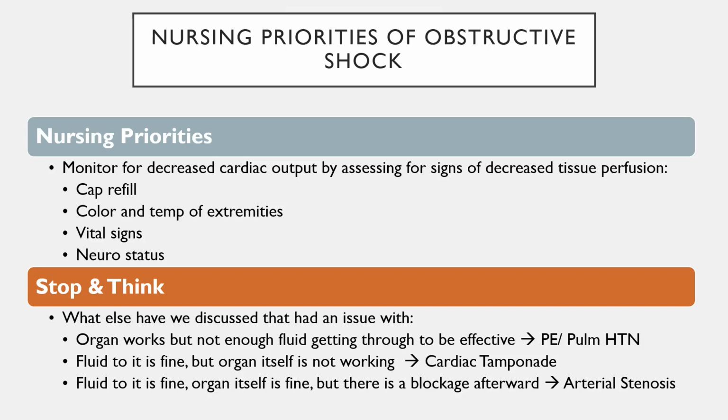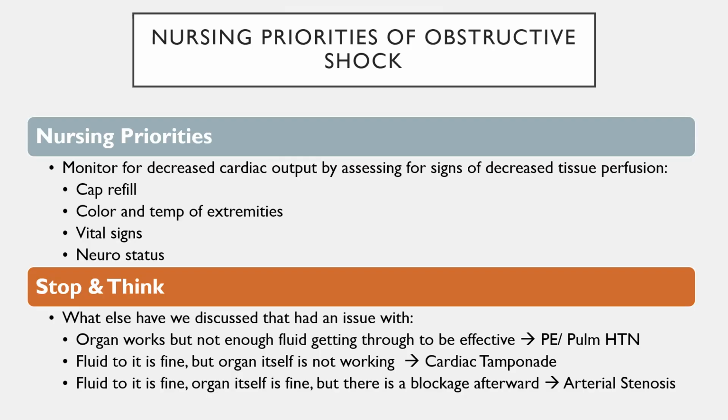They're not getting oxygen to the brain, so altered mental status, level of consciousness decrease. So stop and think, what else have we discussed that's had this issue? Organ works, but not enough fluid getting through to be effective. So that's going to be your pulmonary embolism, your pulmonary hypertension. Fluid to it is fine, but organ itself is not working.